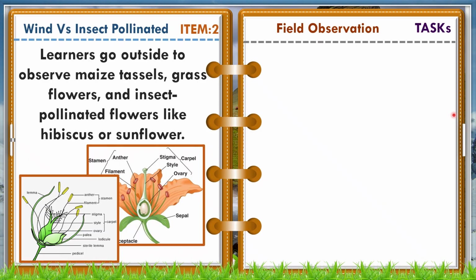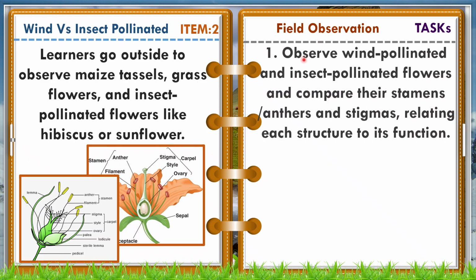Task: observe wind-pollinated and insect-pollinated flowers and compare their stamens, anthers, and stigmas, relating each structure to its function.